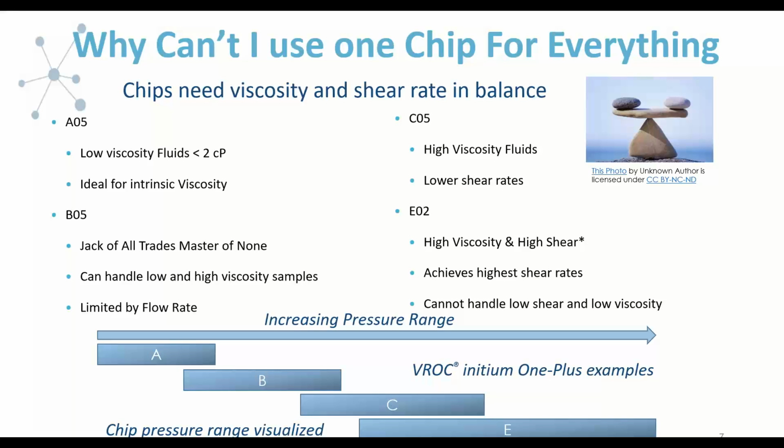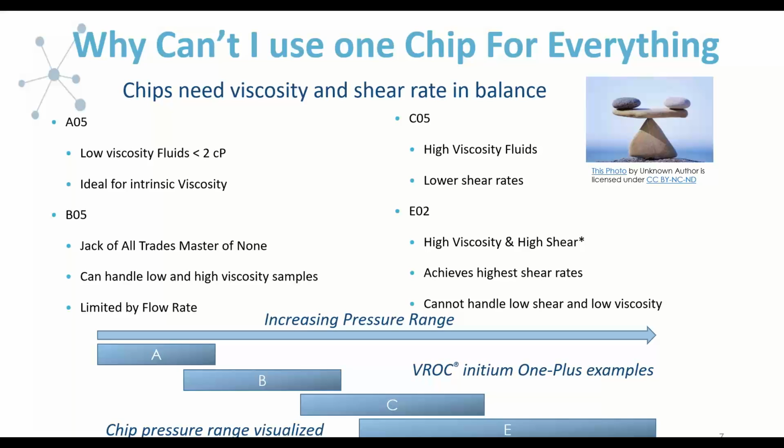The B05 chip I like to call the jack of all trades, master of none. It can do a whole lot of different experiments. It can do intrinsic viscosity depending on the sample, but it's not ideal. You can do it, but it's not perfect at it. Likewise, it can reach high shear rates depending on the sample that you use, but again, it's sample dependent, and in some cases it can't reach shear rates where you will get to see interesting rheology, like shear thinning, for example.